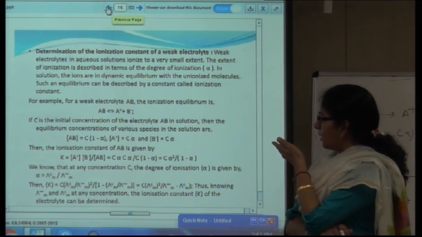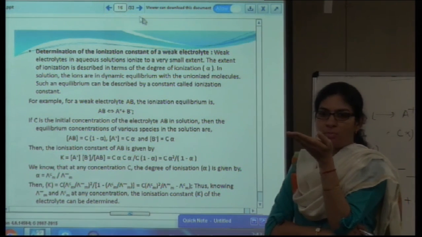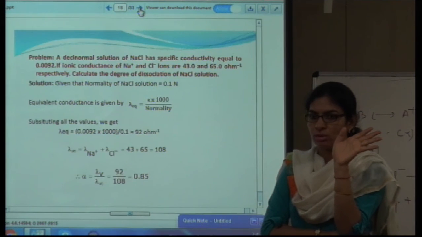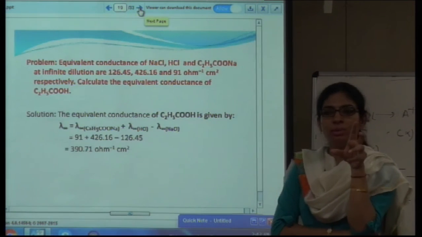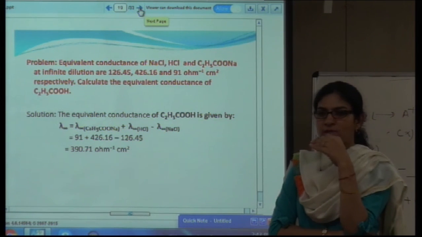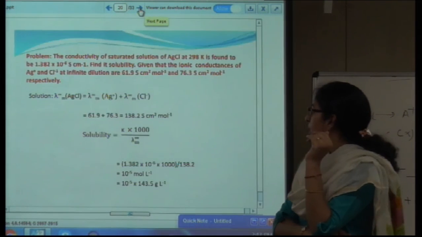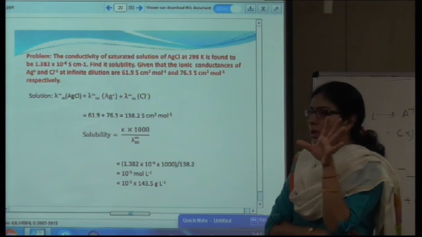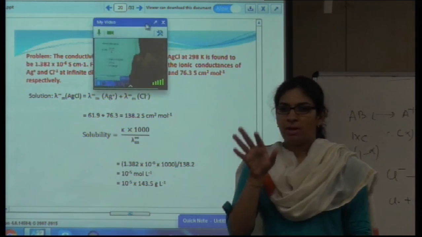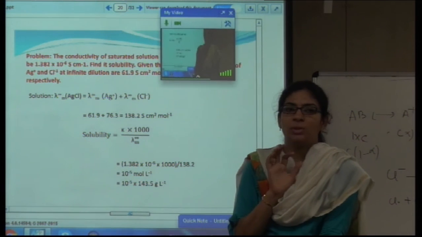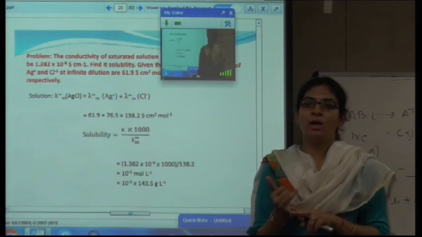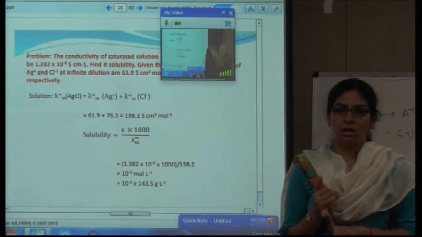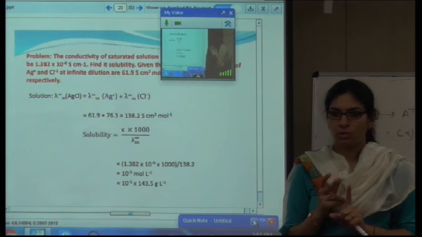You may have some numerical problems based on calculating the degree of dissociation also, where the concentration is given to you and you have to calculate the ionization constant. To summarize, quantitatively we've discussed Faraday's laws and their formulas.